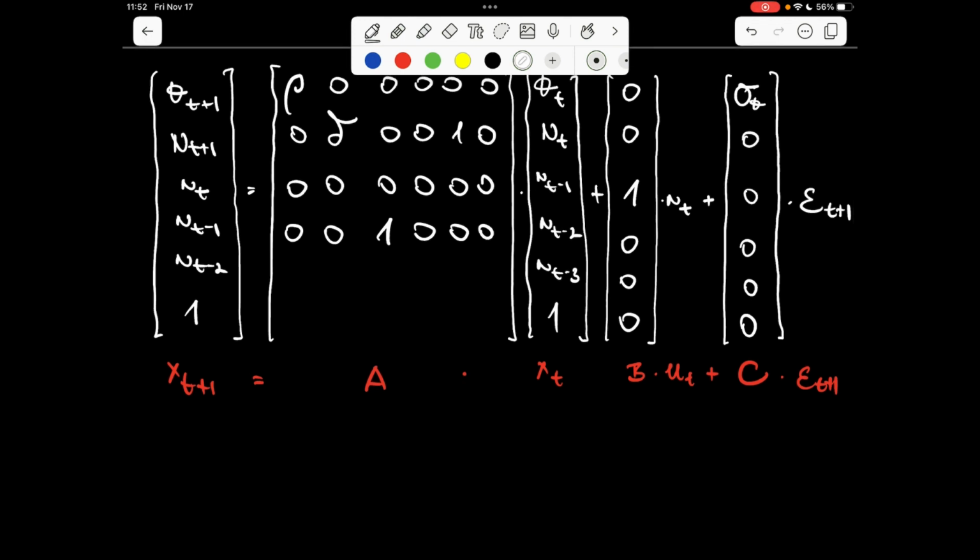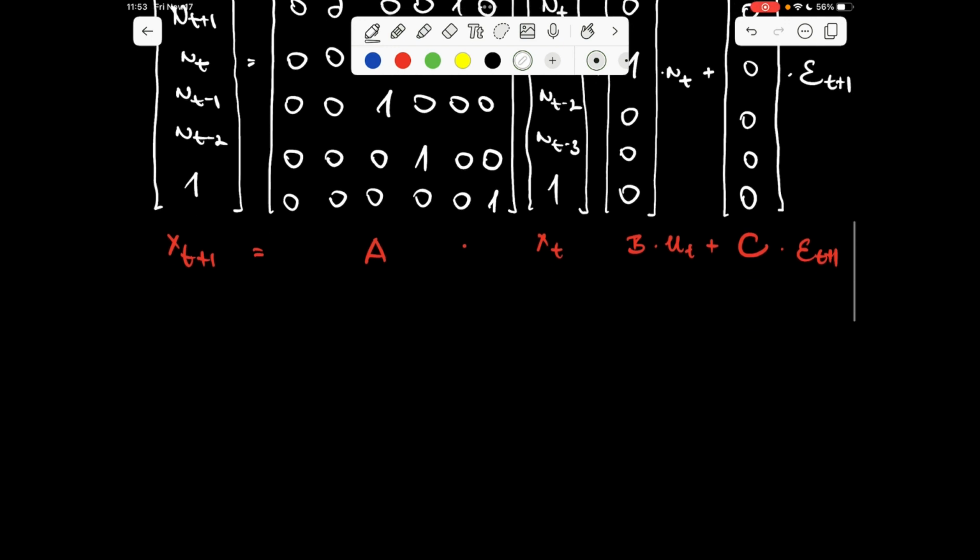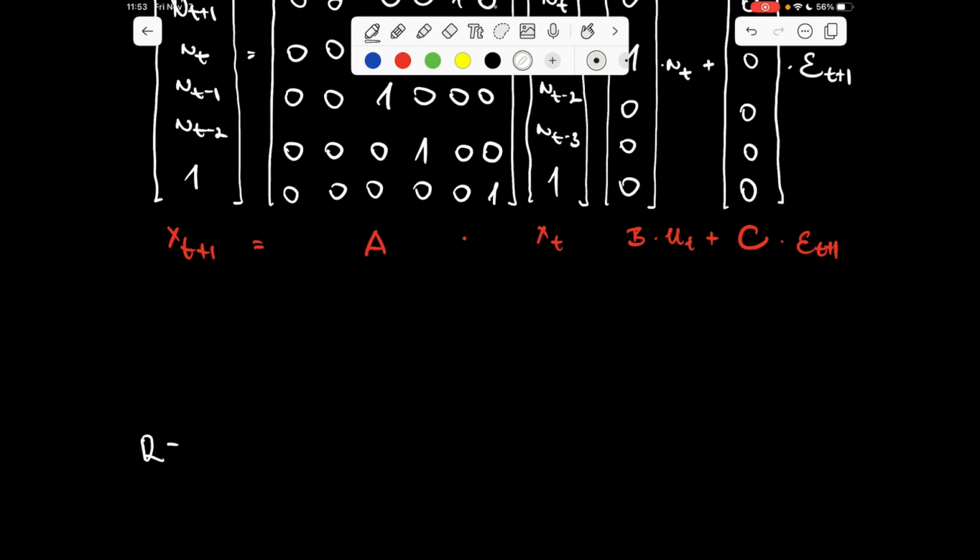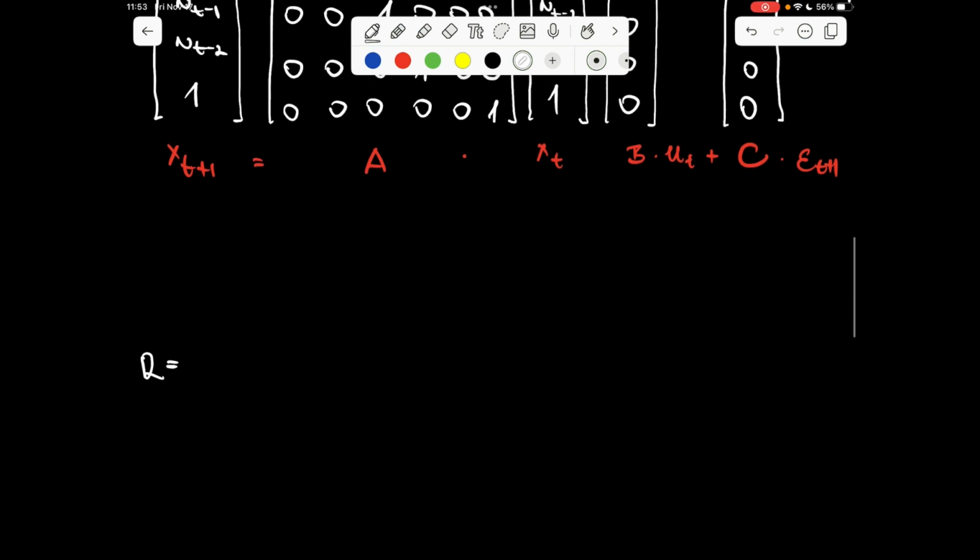All right, so the first equation is done, and we need 2 more matrices from the objective function. Matrix R is on the state vector.